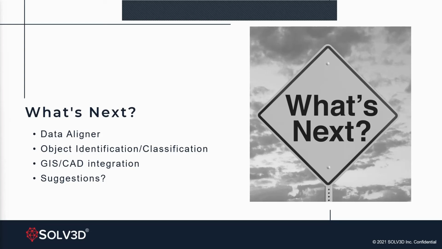One's in beta, and so reach out and see what those are about. Also, the GIS and CAD integration side of things, being able to bring that data into our application and align it. And then we're open to suggestions. So if there are any ideas or thoughts on other webinars that we can help with or make available, let us know and we'd be happy to look at them.